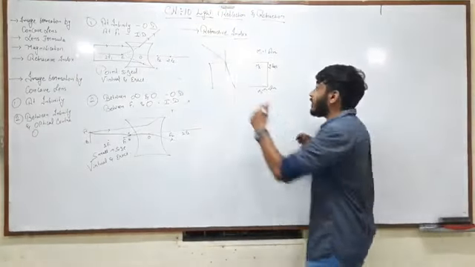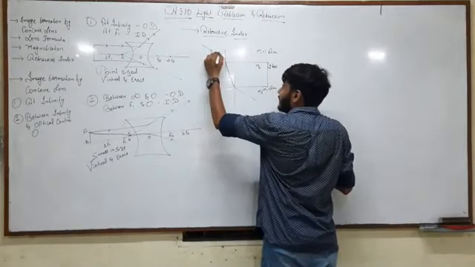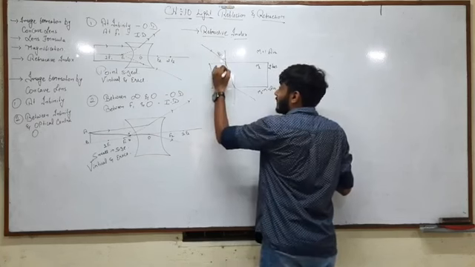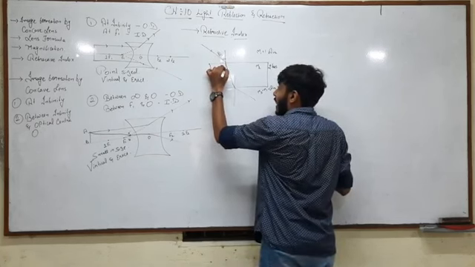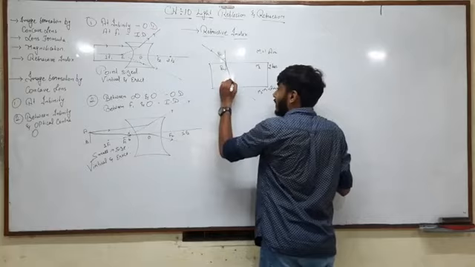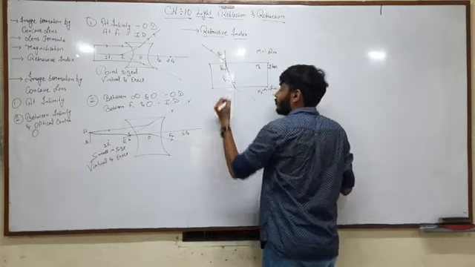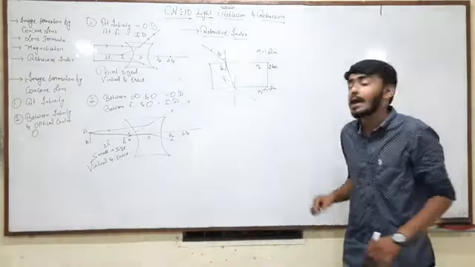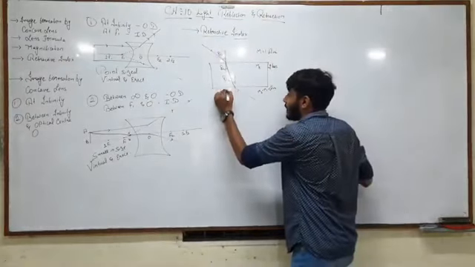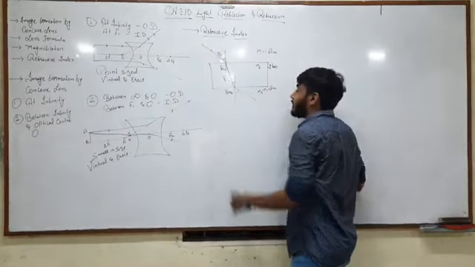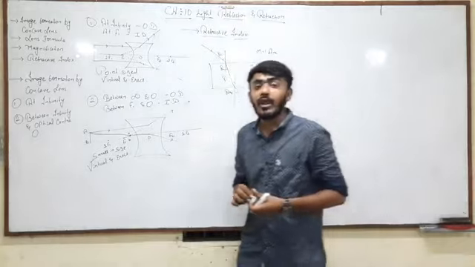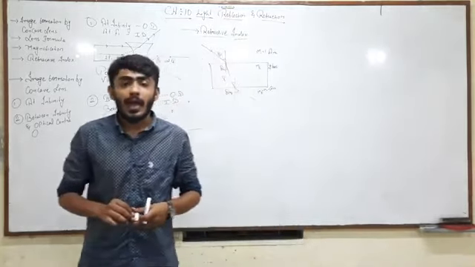These were the incident rays. This is theta I, the incident ray. This was theta R1, the refracted ray. Again, this was theta I2, the incident ray from the glass. And this was your final theta R2, the refracted ray from glass to air.